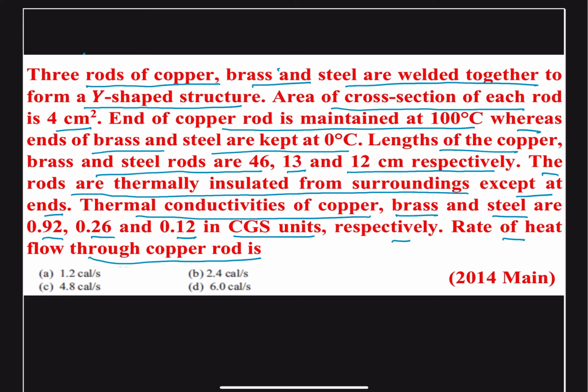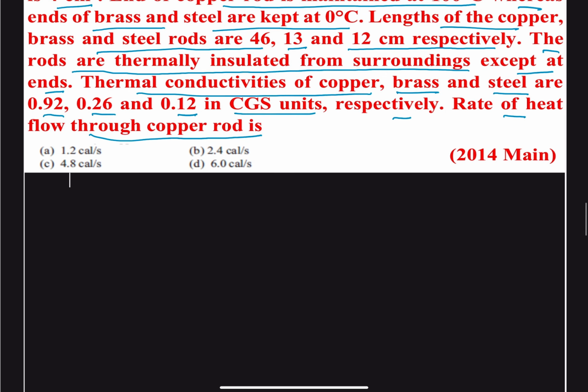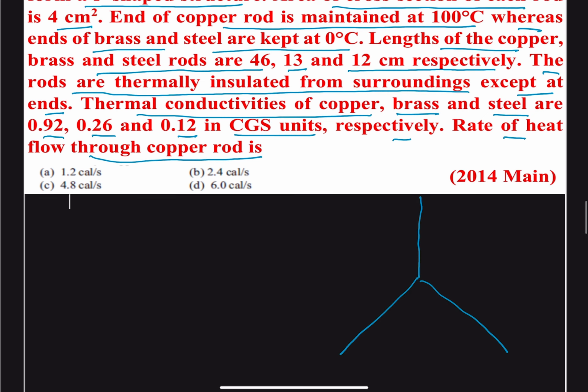So we have three rods. We can draw an approximate figure for that also, something like this. One end, let us suppose, is of copper. Its temperature is at 100. And this is of steel.